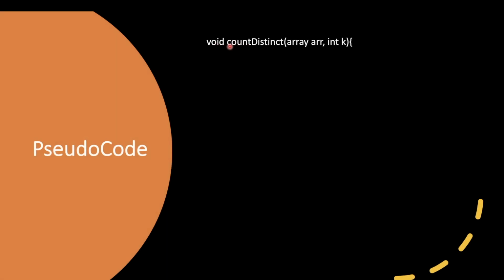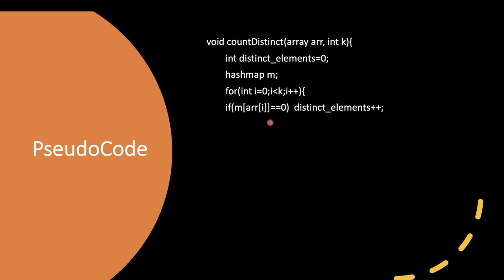We have this count distinct function, which will print the distinct elements in the window of size k. This is the variable which we take: distinct elements equals 0 in the starting, and a hashmap map, and we will make the window of size k. What does this line mean?